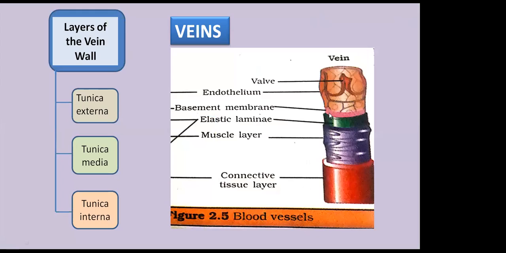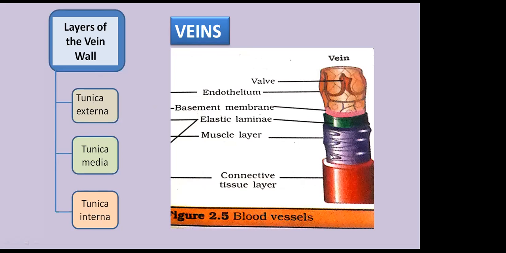Next, we'll see why veins are less elastic. Veins also have three layers in the wall: tunica externa, tunica media, and tunica interna. This is the tunica externa, tunica media, and tunica interna.